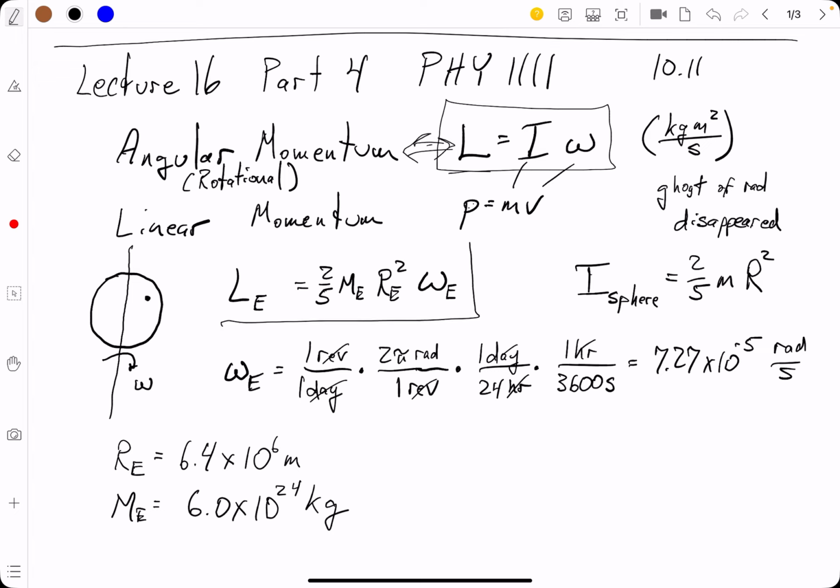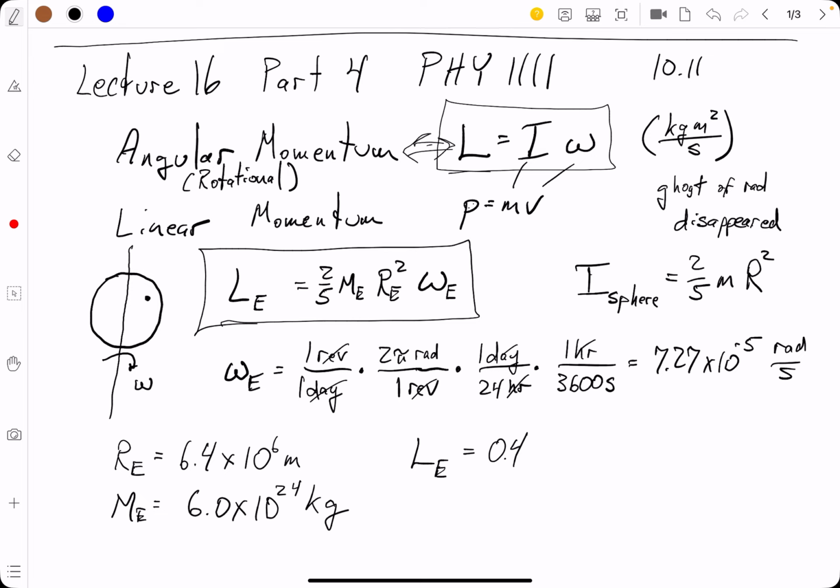All we have to do is insert these things into our equation. So we're going to get the angular momentum of the Earth: 2/5, everybody knows that's 0.4, so we're going to plug in 0.4. You could just multiply everything by 2 and then divide everything by 5. That's fine.